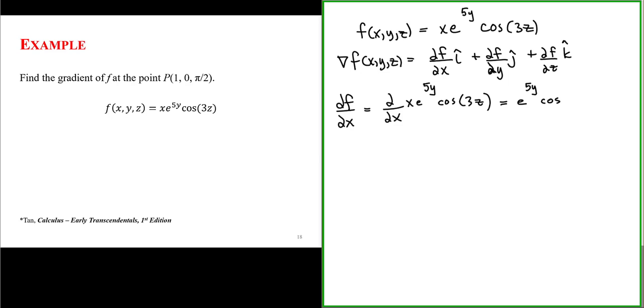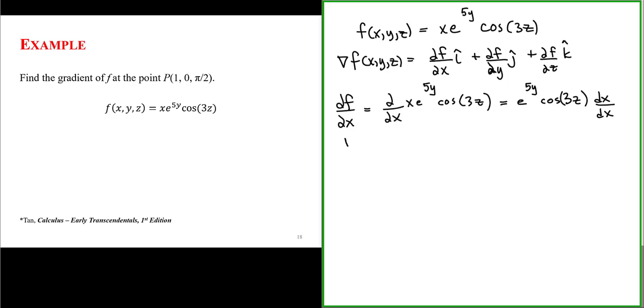So we have e to the 5y cosine of 3z, and then this is times the derivative of x with respect to itself. Because now that I pulled those variables outside of the derivative, it in essence becomes an ordinary derivative that we know how to calculate.